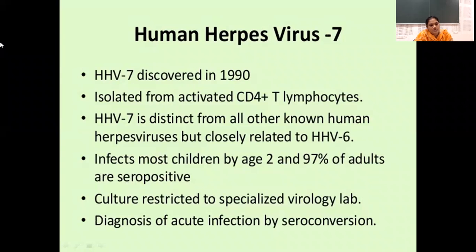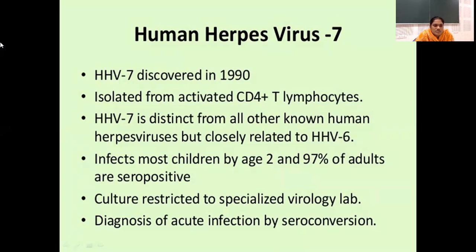Then the human herpes virus 7 was discovered in 1990, isolated from activated CD4 positive T lymphocytes. It is distinct from the other known human herpes viruses but closely related to human herpes virus type 6. It infects most children by the age of 2 years, and 97% of adults are seropositive.